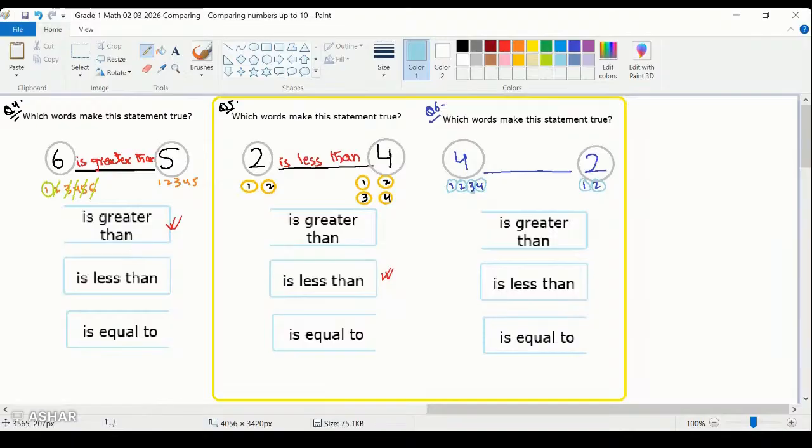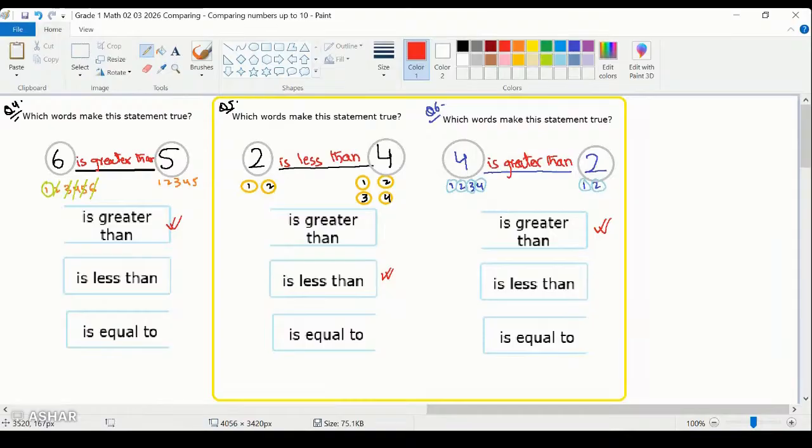Both the statements are correct. So in question number 5, it said 2 is less than 4. In question number 6, we would say 4 is larger than 2, right? So what we can say is 4 is greater than 2. Perfect.